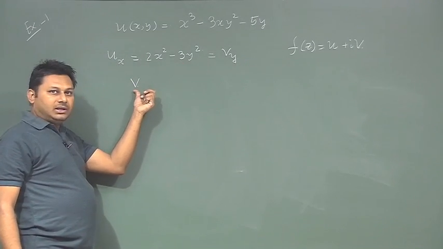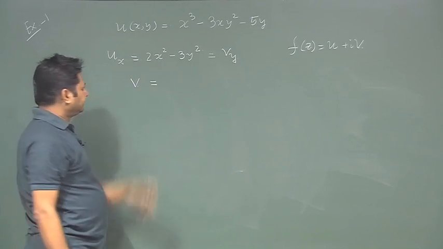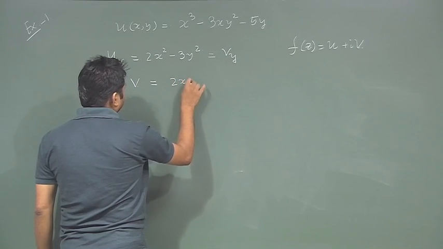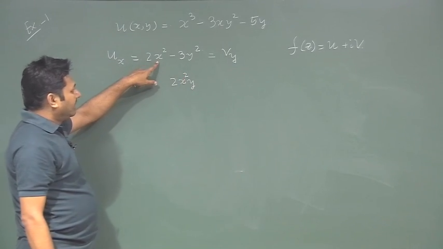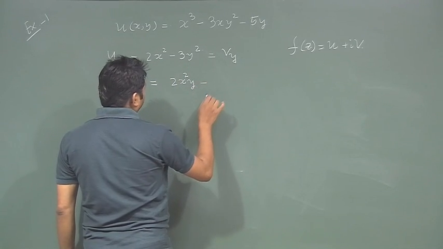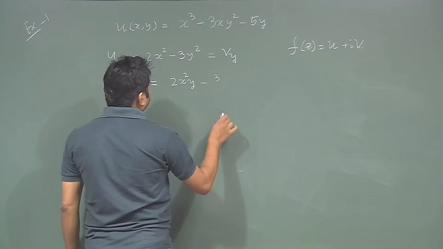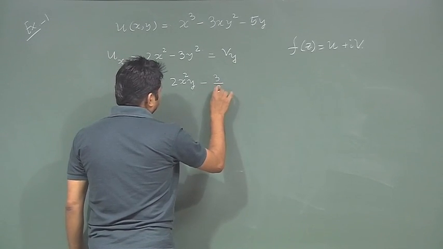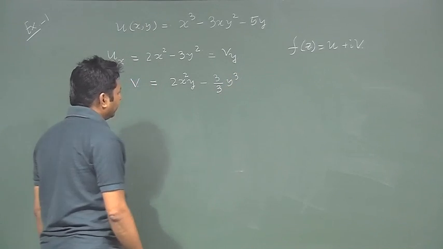So, v should be the integration of this quantity. So, it will be just 2x square y, because x will behave like a constant here, and this quantity is minus of 3. If I take the integration, then one third will come, y cube I am having.